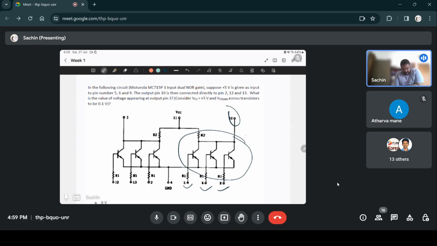So this set forms one OR gate, sorry, a NOR gate, and these 3 are also inputs, and this is the output for that corresponding circuit. So this will form another NOR gate. So there are 2 NOR gates. That's why it's called a 3 input dual NOR gate.